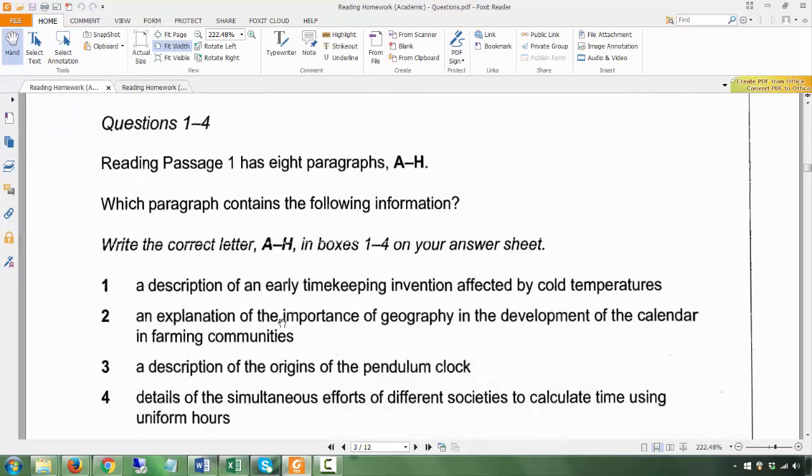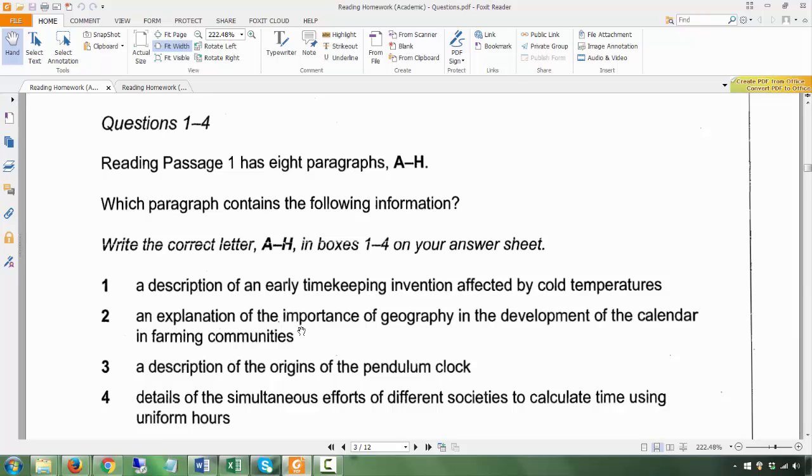An explanation of the importance of geography. So geography has a part to play in the development of the calendar in farming communities. So farming communities, geography, okay, I think these are two key points that you want to look out for.